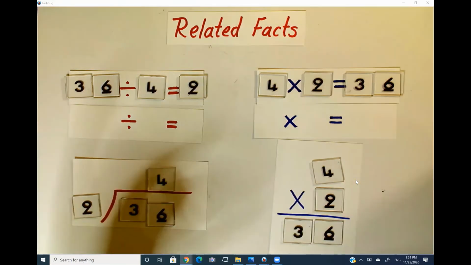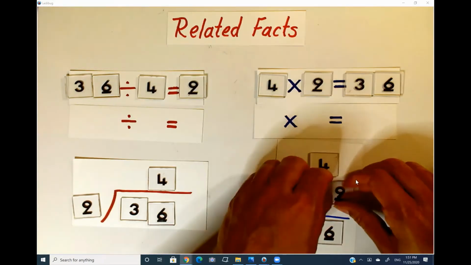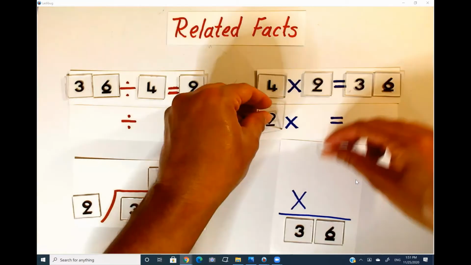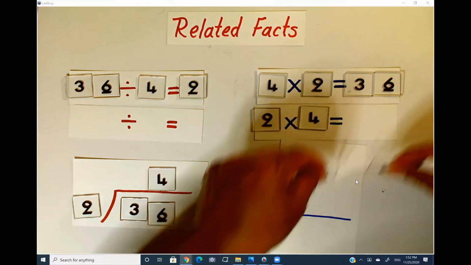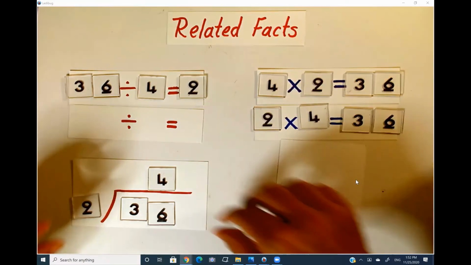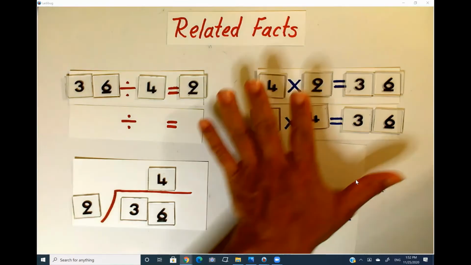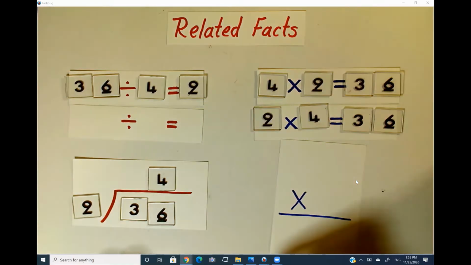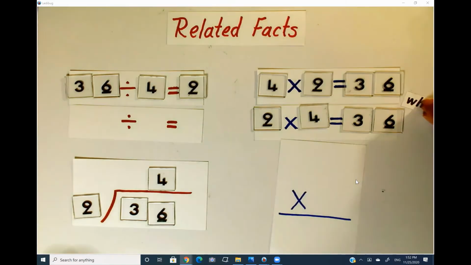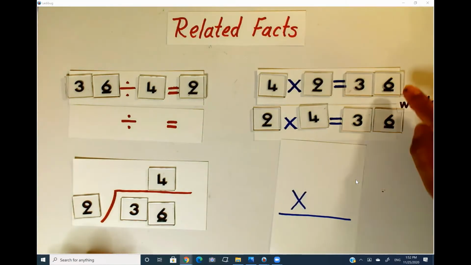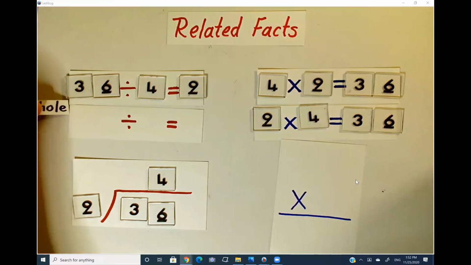So when you notice, the fact family or the related facts use the same numbers. The only difference is when you have the multiplication, you're always looking for the whole, and the whole is always at the end. But in division, we have the whole always at the beginning.